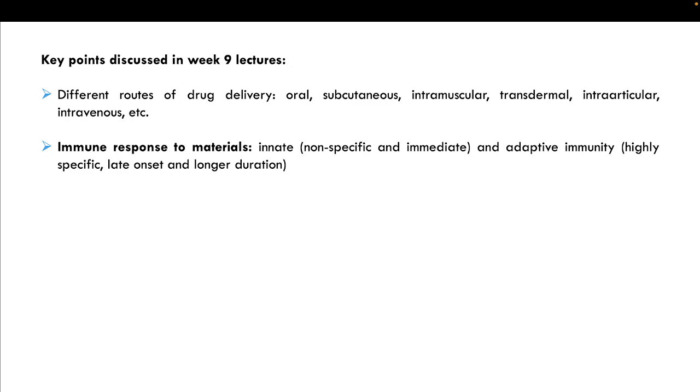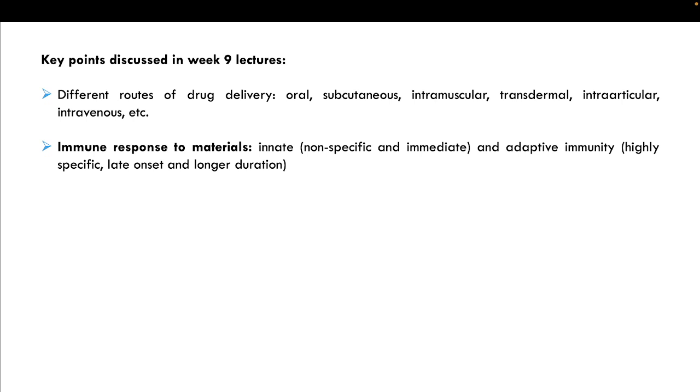In that case, your body will need some time to learn what that pathogen is and how to best eradicate it. This is where your adaptive immunity will kick in. It is very specific against whatever pathogen has entered, and because it takes time to learn what the pathogen is, it has a late onset and then it stays for a very long time.